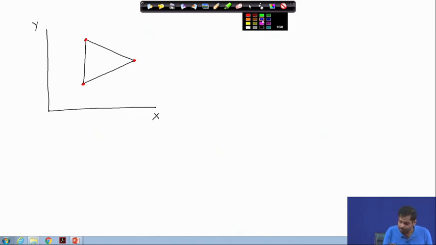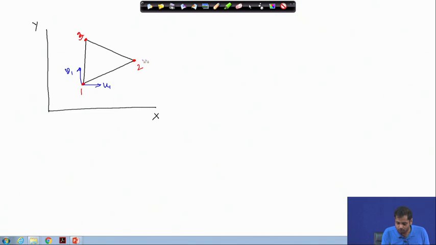Okay. So, suppose this node is, let us give some node number, this is node number 1, then this is node number 2, and say this is node number 3. Okay. Now, what are the degrees of freedom we have? Suppose degrees of freedom we have, this is u1 and this is v1. So, u in x direction, v is in y direction.